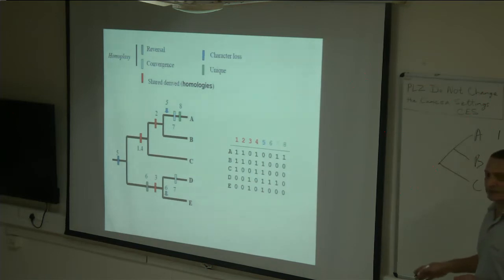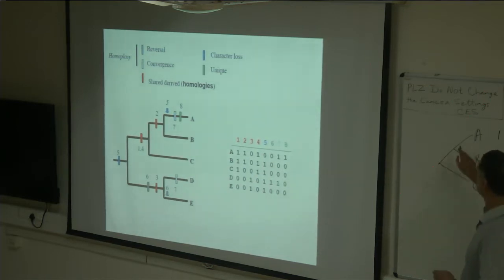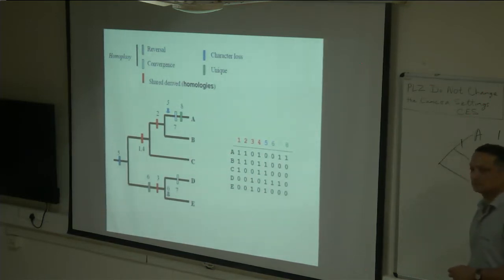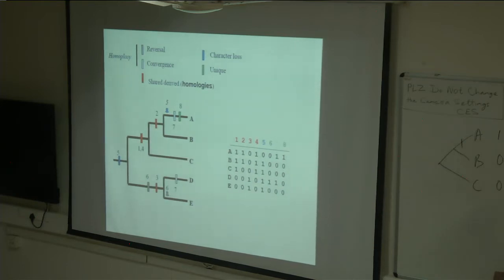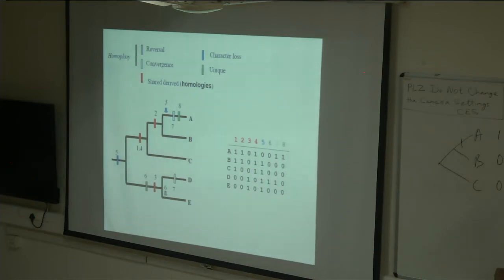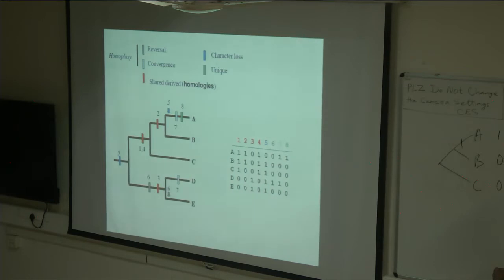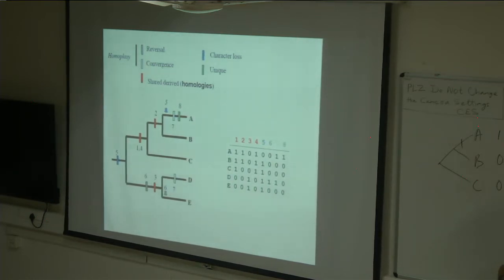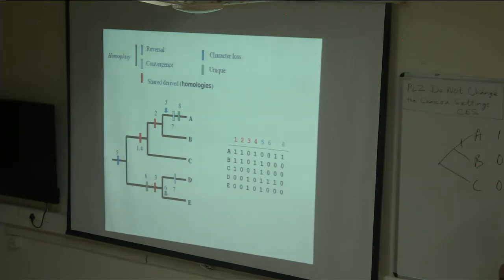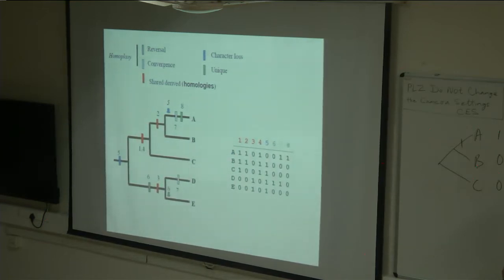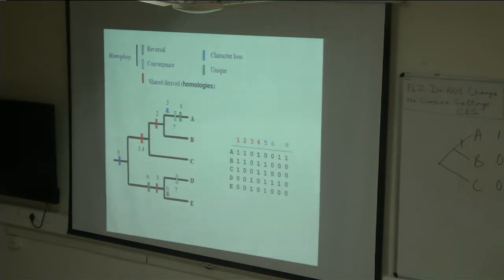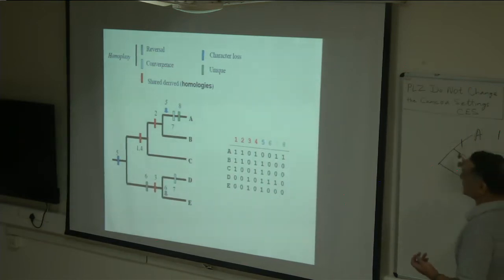This tree needs one change over here, right? If you change the topology, it still needs one change. These are unique changes, right?